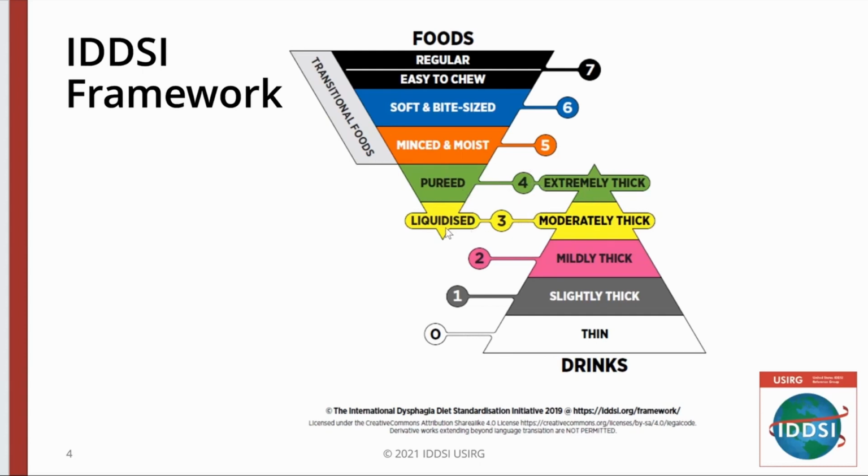Level 3, liquidized and moderately thick in yellow. Level 2, mildly thick in pink. Level 1, slightly thick in gray. And level 0, thin in white. Today, we will be discussing testing methods for all of these levels.